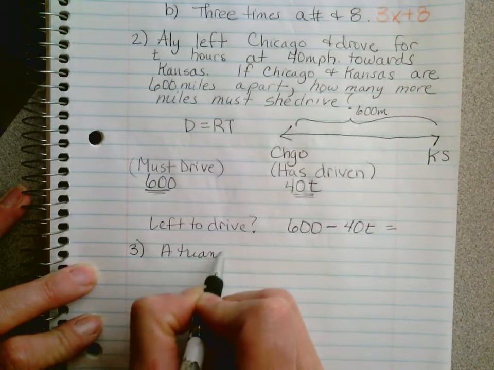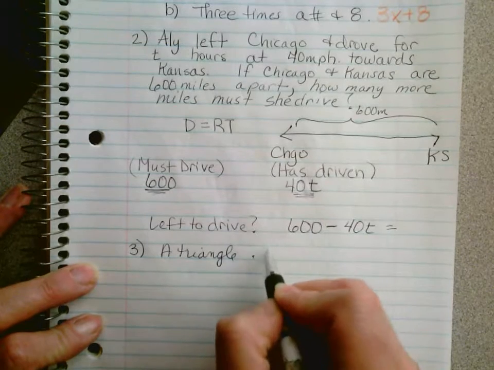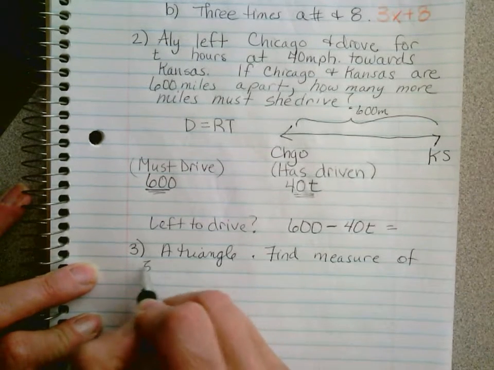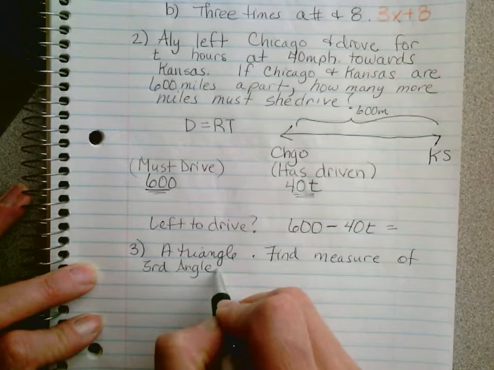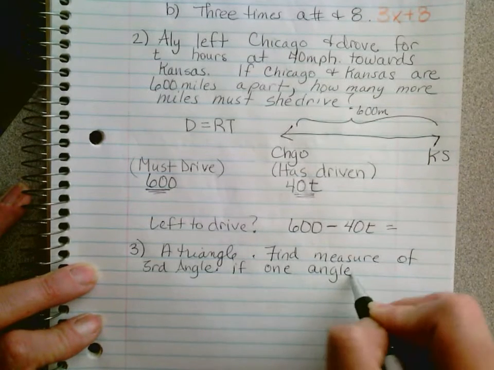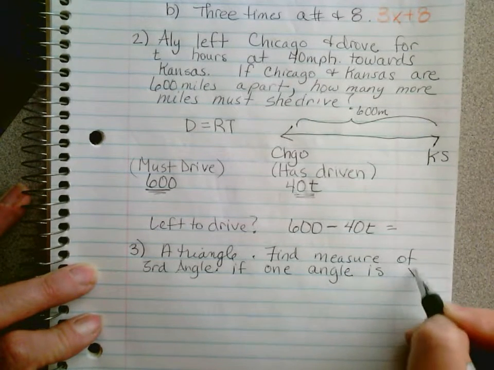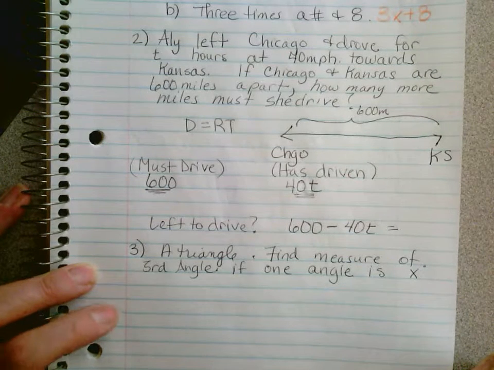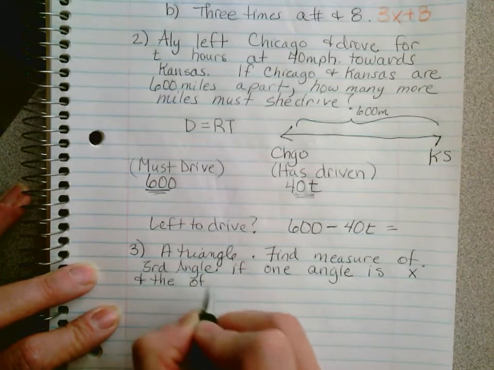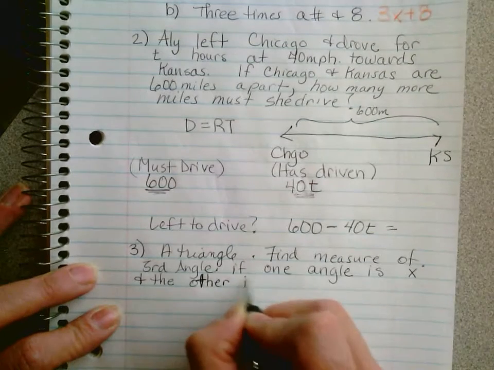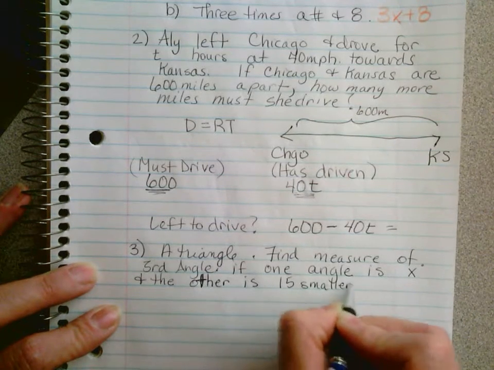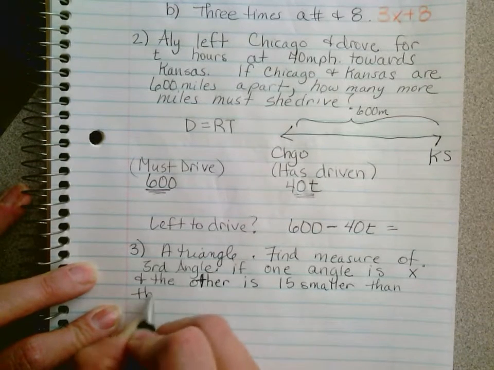A triangle we're going to deal with. Find the measure of the third angle if one angle is x degrees and the other is 15 smaller than the first.